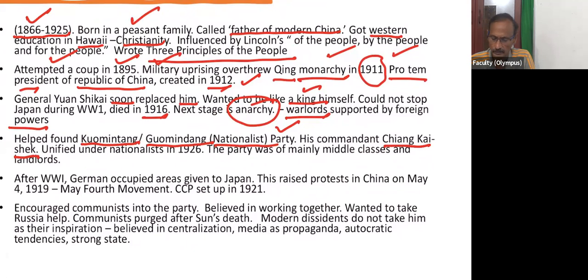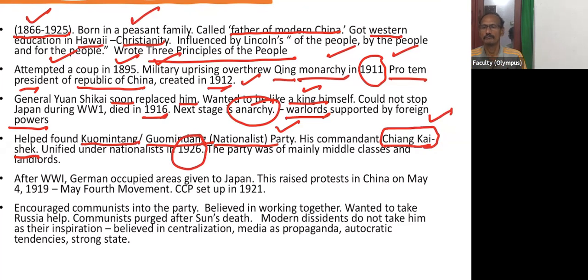Okay, he is the second important person. It is he who played an important role in defeating the warlords and finally created one unified center by 1926.